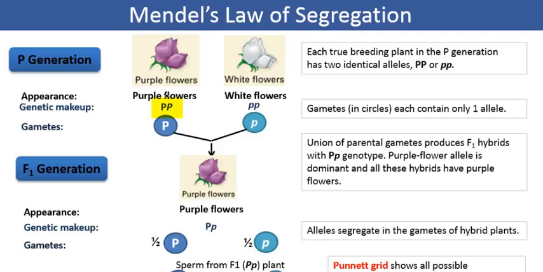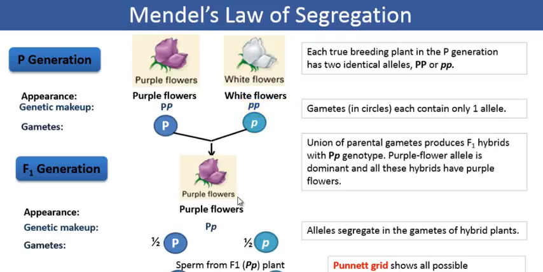That is the genotype of those flowers. Now, for the white flowers, the pure line of white flowers, they have two recessive alleles. So they have a homozygous recessive genotype that allows the white color to prevail.